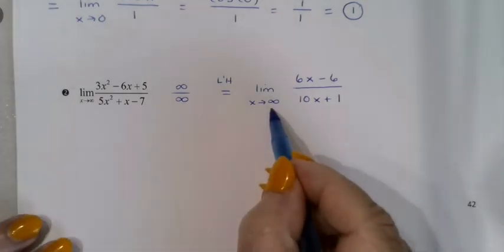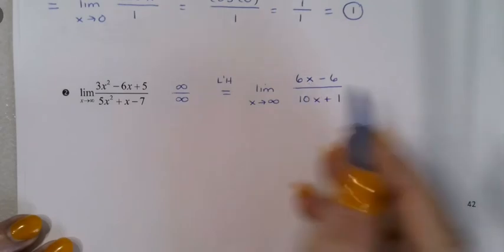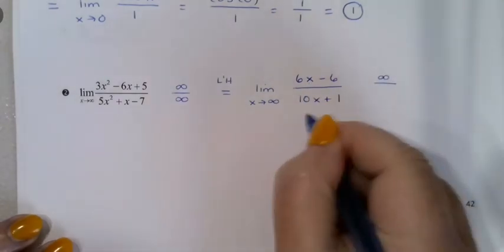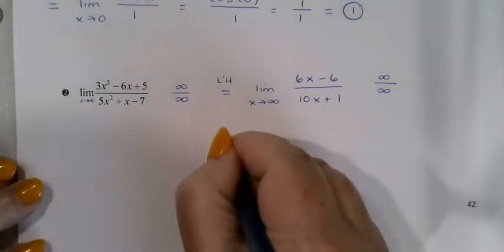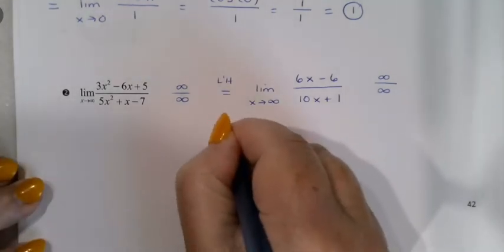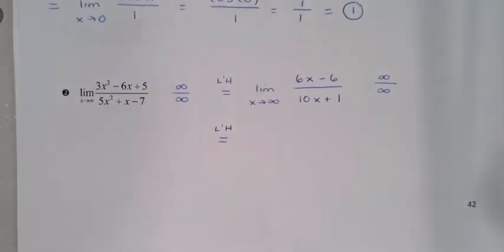All right, well, where am I at now? As x goes to infinity, top still goes to infinity. Bottom still goes to infinity. So I still have an indeterminate form. I still have infinite over infinite. So I can actually continue to apply L'Hopital's rule as long as it applies, and it does. Do another L'Hopital's rule.